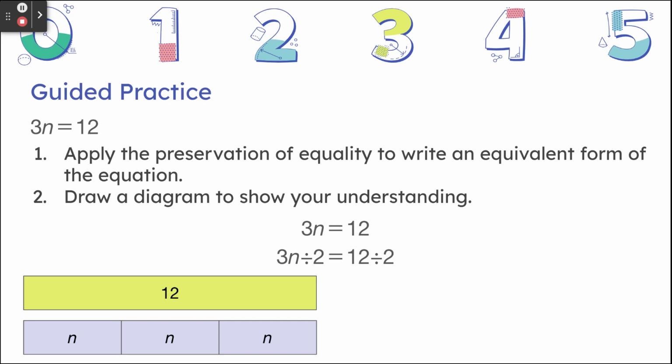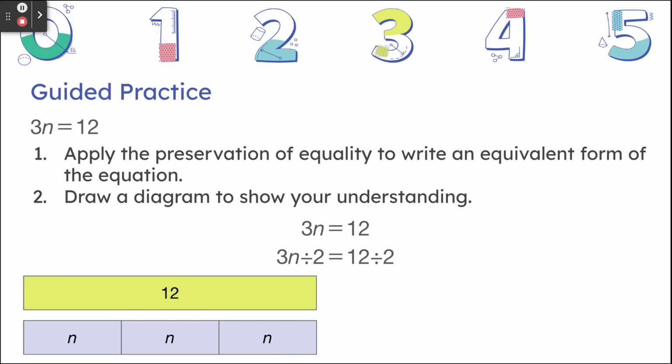And I made 3 smaller rectangles, each one exactly 1/3 of the length of my 12. And I lined them up end to end, labeled each one n to show that 3n equals 12. The 3 n's match up exactly with the same length as 12. So this diagram represents the equation 3n equals 12.